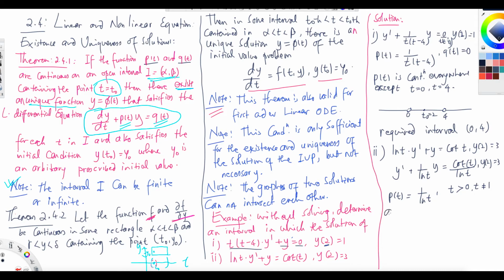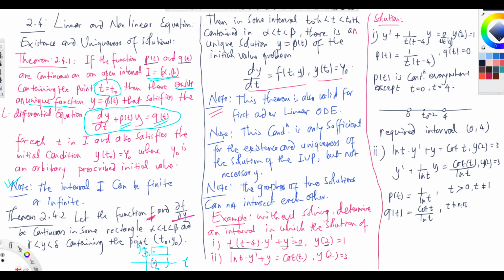How about q(t)? q(t) is cotangent t over natural log of t. So the denominator has the same thing, right? But the numerator is continuous everywhere except t not equal to n pi, right? Because at n pi, like 0 pi, cotangent 0 is infinity.